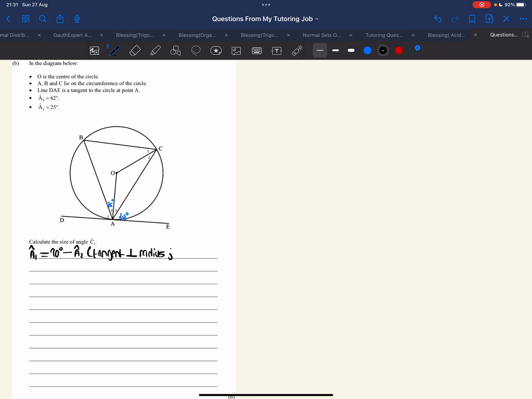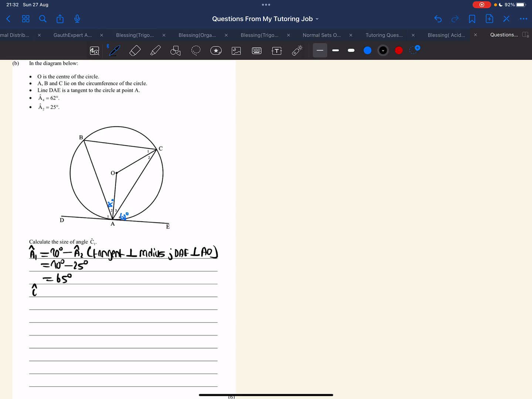For you to see that, DAE is perpendicular to AO, because remember AO is the radius of that circle. Then I'm going to say 90 minus A2, which is 25 degrees. If you do that in a calculator, 90 minus 25 gives you 65 degrees.